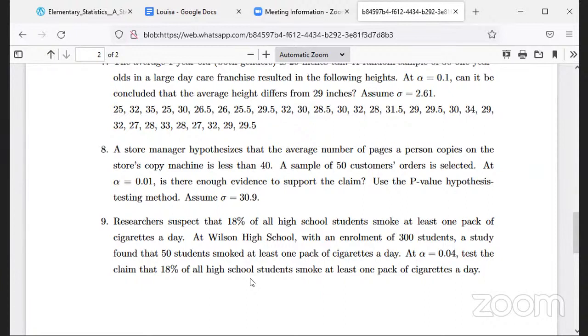A sample of 50 customers' orders is selected. Alpha is equal to 0.01. Right. So is there enough evidence to support the claim? Let's use the p-value hypothesis test method.